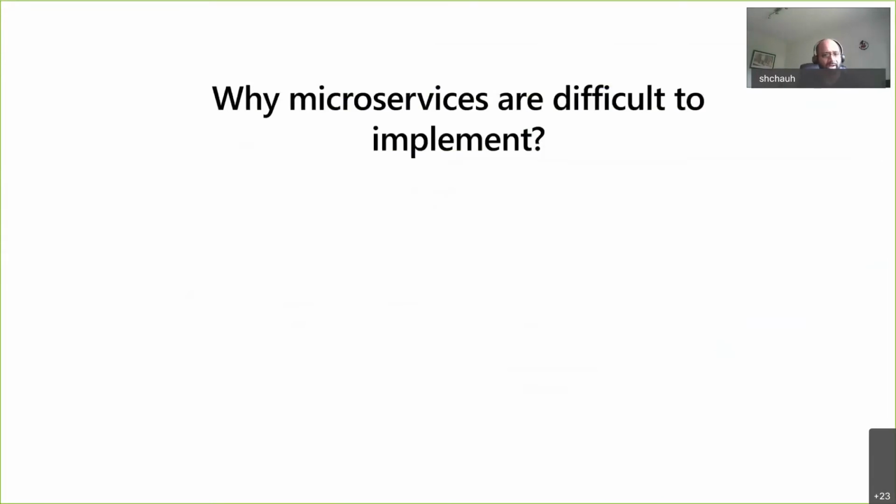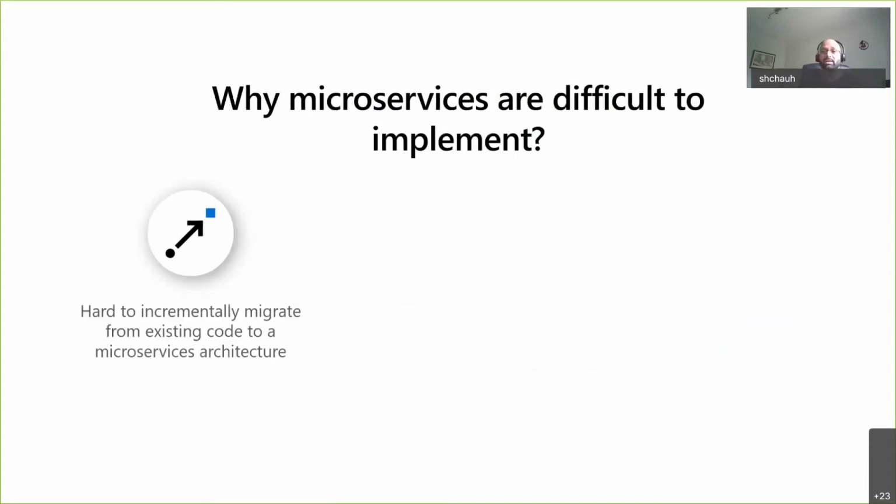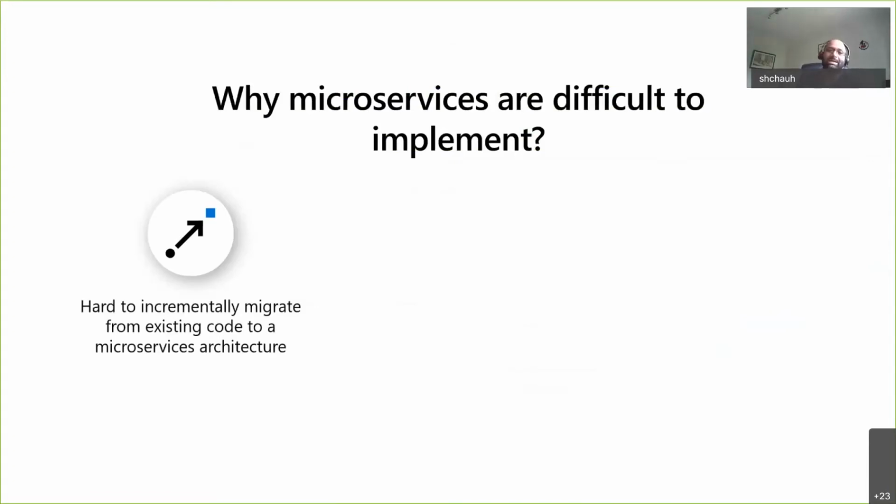So we spoke about microservices. Microservices can really help us, but it's not that easy. There are some challenges in building microservices applications. So I have listed down the top 3 challenges with this approach. The first one is that it's very hard to incrementally migrate from existing source code to the microservices architecture.